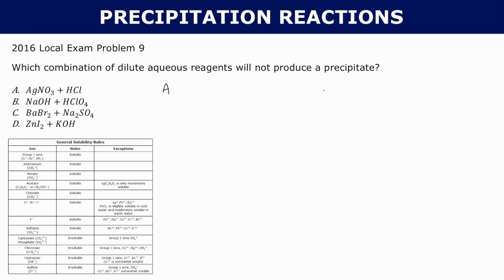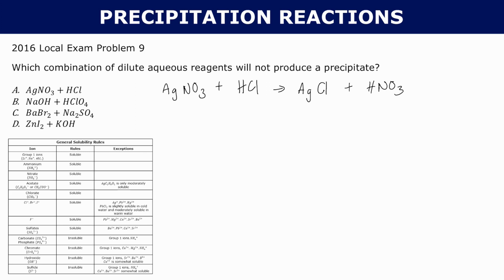So first of all, we have silver nitrate, AgNO3, reacting with hydrochloric acid. And we need to predict the products that are going to form here. Remember, these are usually going to be double displacement reactions, and so we need to do a double displacement reaction here. The silver pairs up with the chloride, so we have AgCl, and the hydrogen is going to pair up with the nitrate, so we have HNO3.